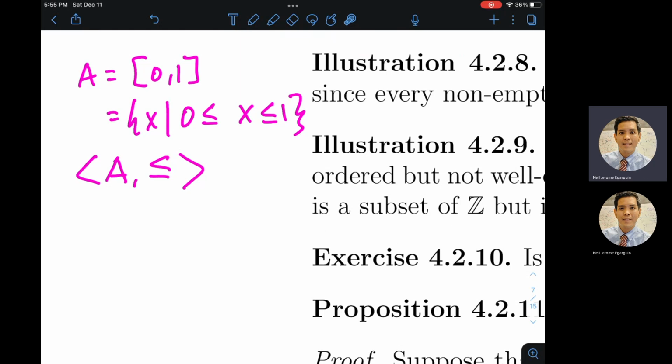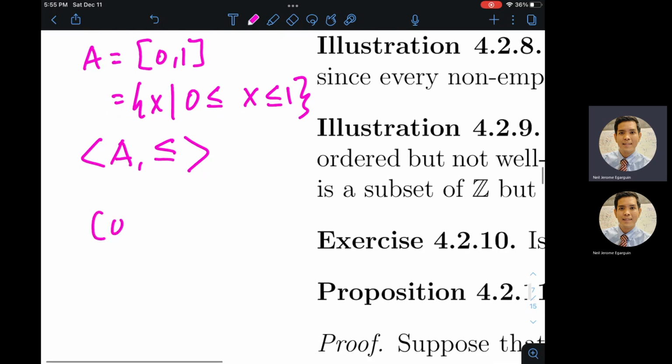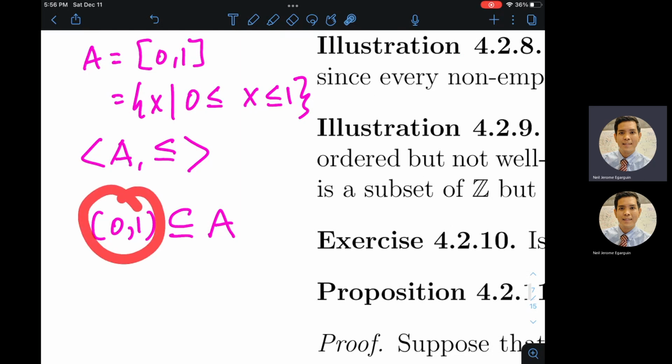Dapat lahat. So I can just take as an example the open interval 0 to 1, right? And this is clearly a subset of A. Tinanggal ko lang si 0 at saka si 1. But we have seen in one of the illustrations before that the open interval 0, 1 doesn't have a first element.